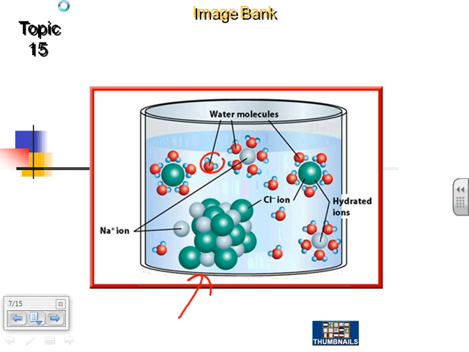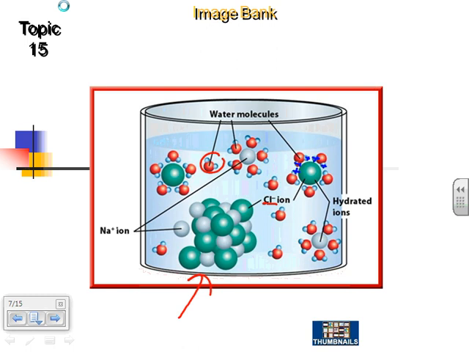If you have the chloride ion, the Cl, which has a negative charge, all these positive hydrogen ends of the water are going to be surrounding the negative chloride ion.